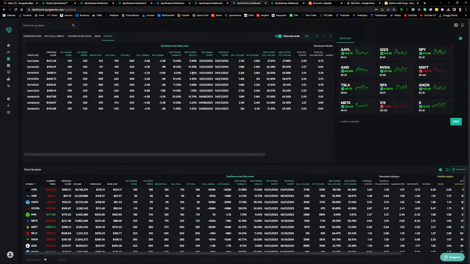So the put wall, call wall, key gamma strike, hedge wall for stocks, those are all updated in the morning, and I can update that spreadsheet, and that's it. I'm done for the day for stocks.